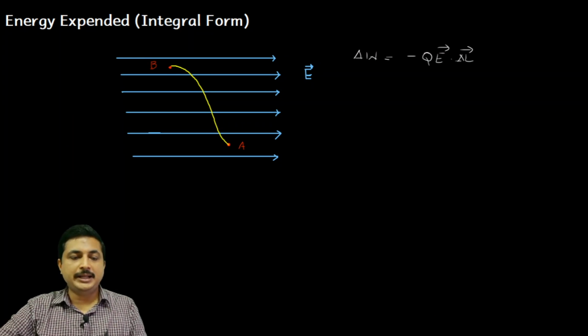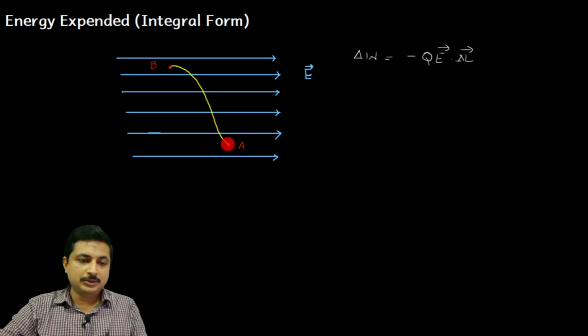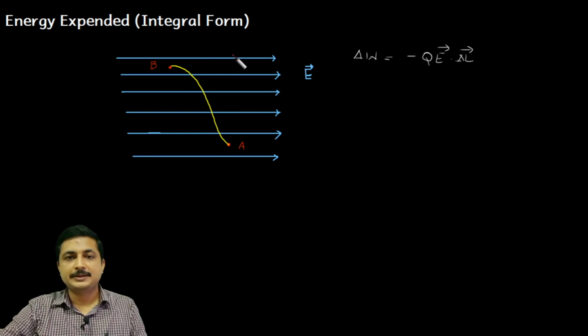Now, even though this path from A to B is very large, can I divide this path into many small paths? That is possible, right?